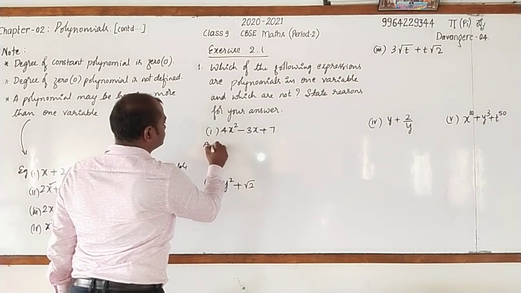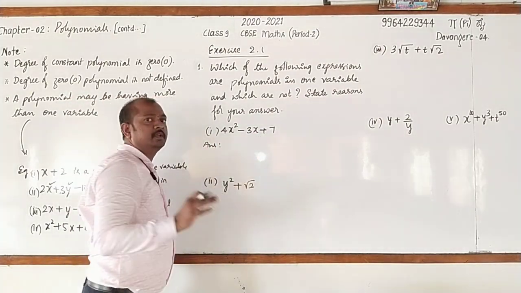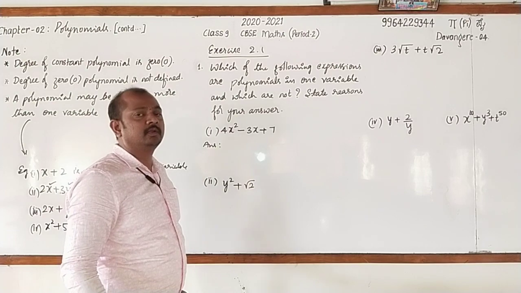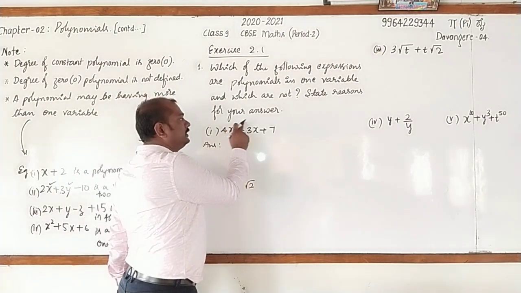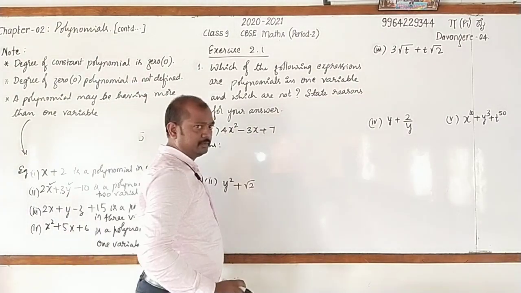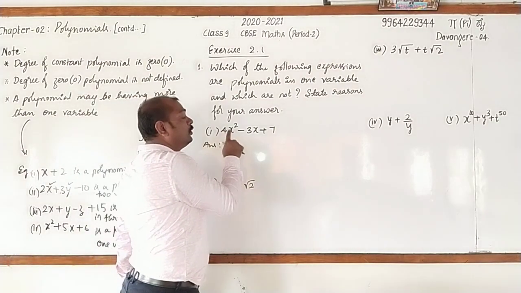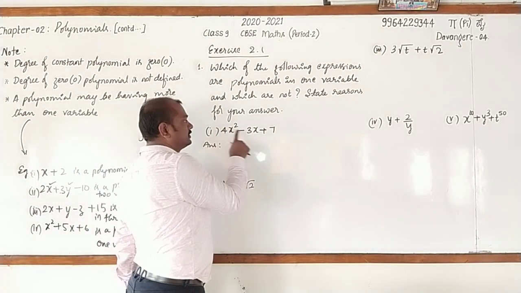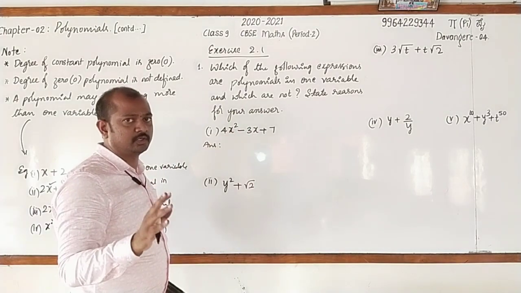First one, 4x square minus 3x plus 7. Is it a polynomial? Yes. How do you say that? Because the power of the variable is a non-negative integer. Therefore, it is a polynomial. And how many variables are there? There is only one kind of variable, that is x. Here also x, here also x. Understood?